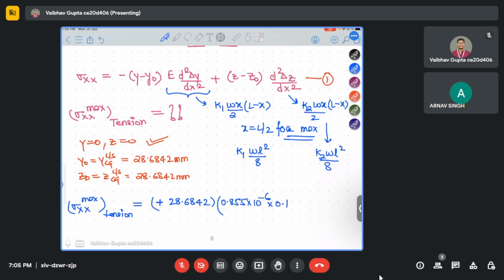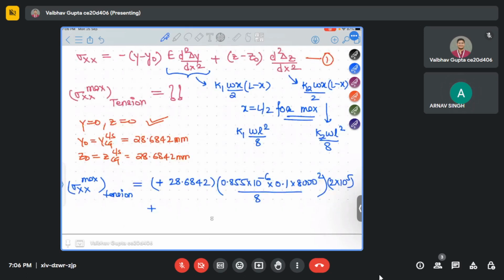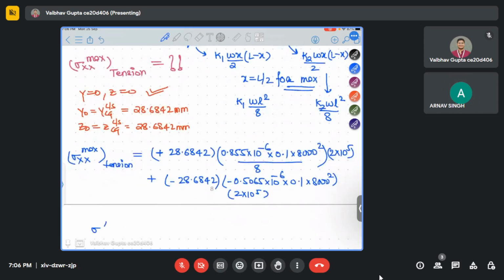L is 8000 square by 8. E is 2 into 10 to the power 5. Plus Z minus Z naught, minus 28.6842. K2 is minus 0.5065 into 10 to the minus 6. W 0.1. L square is 8000 square. E is 2 into 10 to the power 5. After putting all the values, you will get sigma max xx in tension.